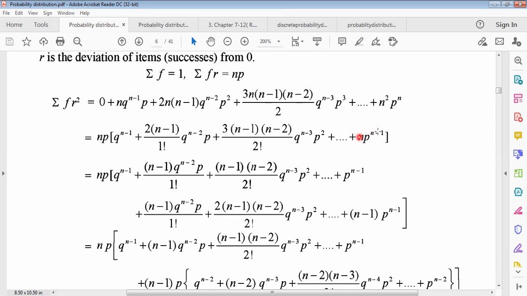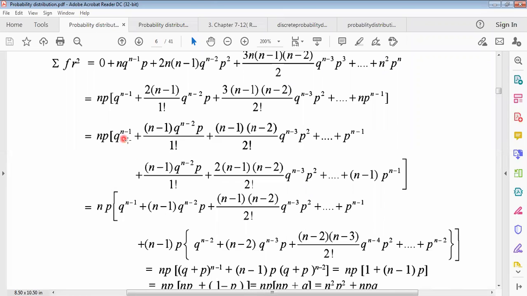If we take q to the power n minus 1, the last term is p to the power n minus 1, and here the last term will be n into n minus 1 into p to the power n minus 1, because we have only n into p to the power n minus 1. This plus this equals this, remember it. So we get two series individually.